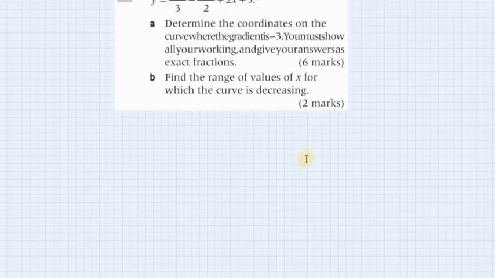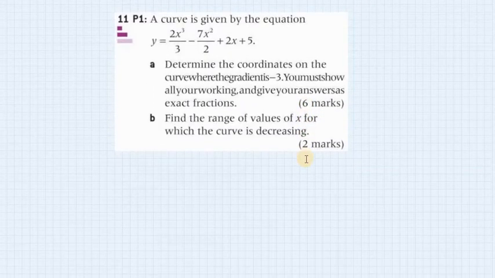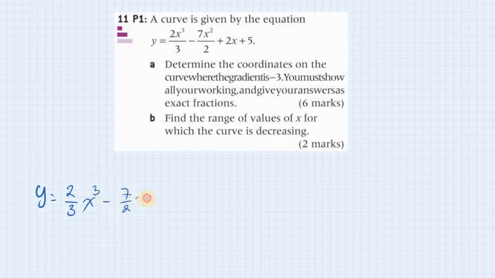So the equation of the curve is y equals, let's rewrite it, 2/3 x to the power of 3 minus 7/2 x to the power of 2 plus 2x plus 5.